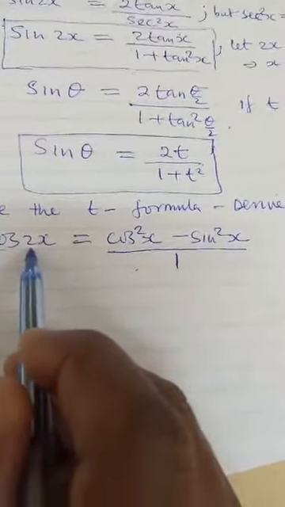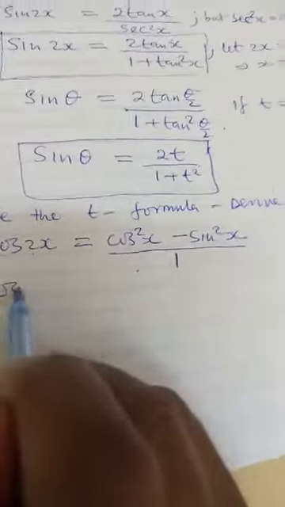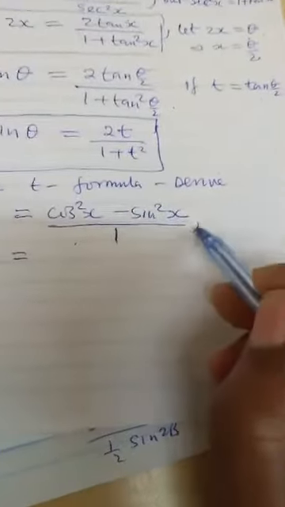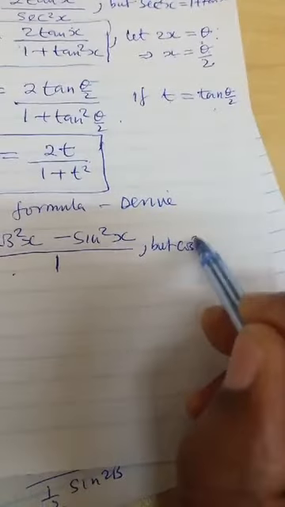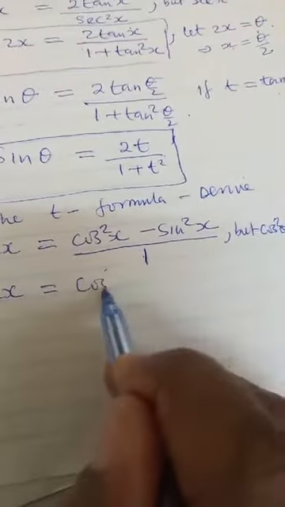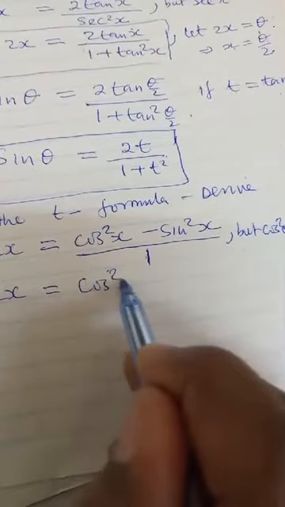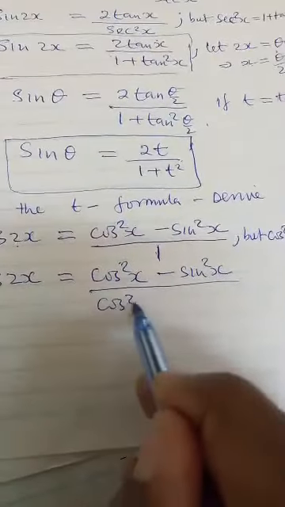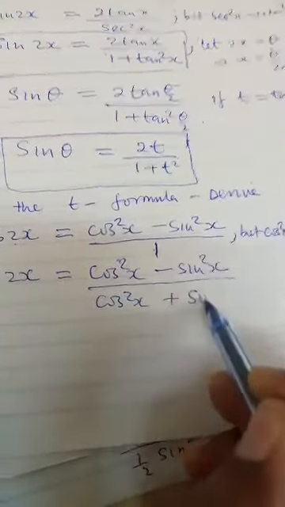If I divide by 1, I'll write my next step as, remember from the first identity, that cos squared x minus sine squared x, now over cos squared x plus sine squared x.